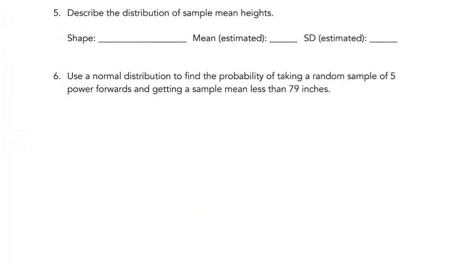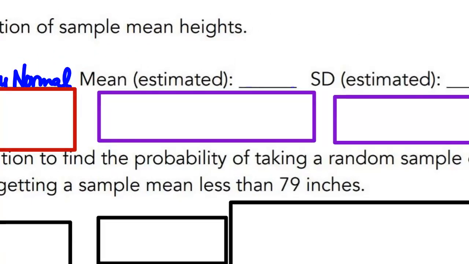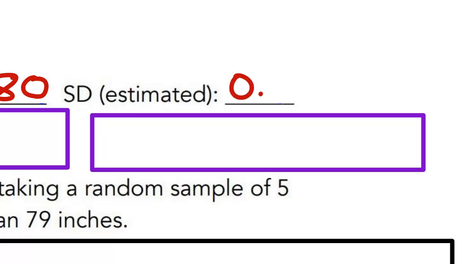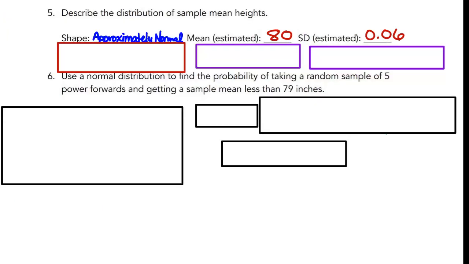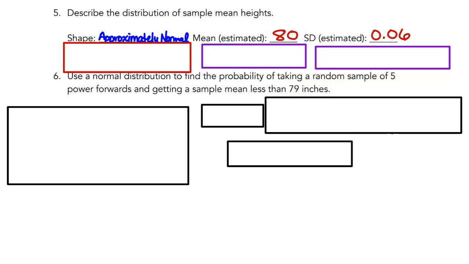So let me write down what we said again. We said the mean was about 80. The standard deviation estimated was about 0.06. What did we say the population mean was? 80.087.